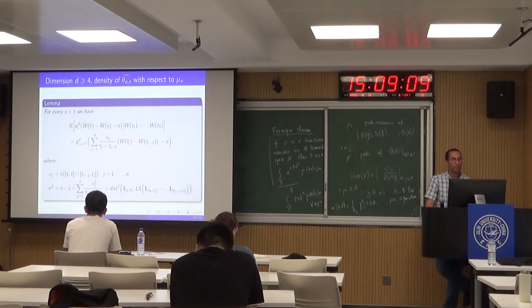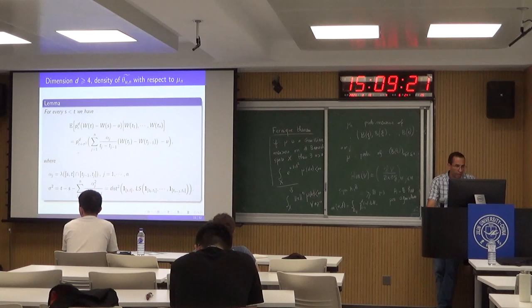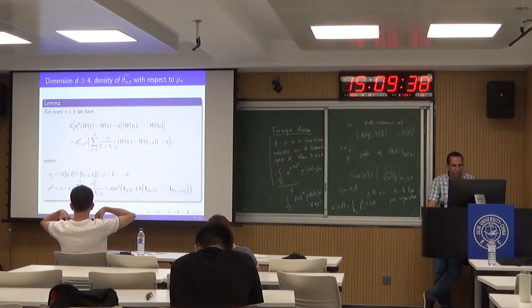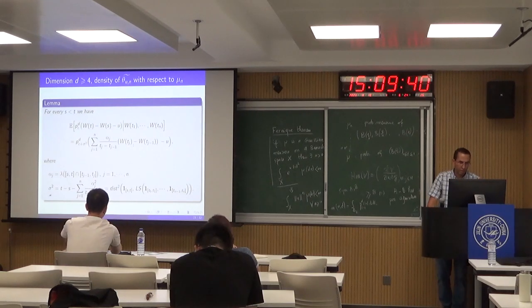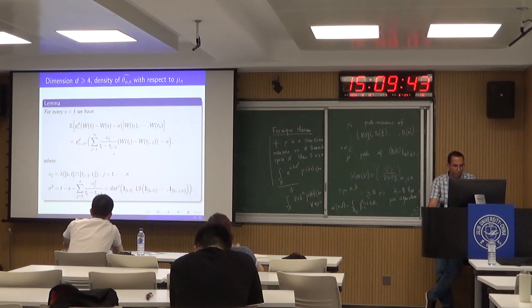Here W is a d-dimensional Brownian motion. What we find is another Gaussian density with parameter epsilon plus sigma squared. Sigma squared is defined here, and inside we find the following increments of the Brownian motion.